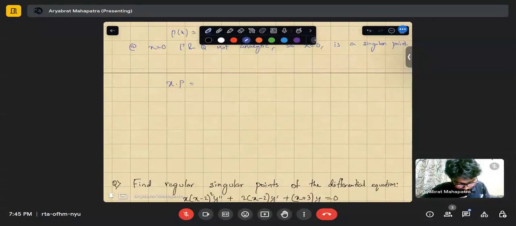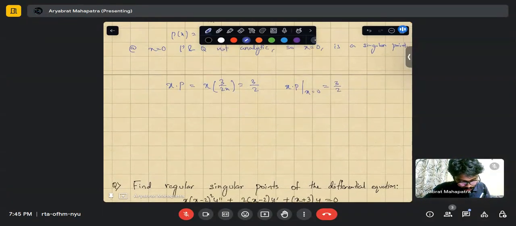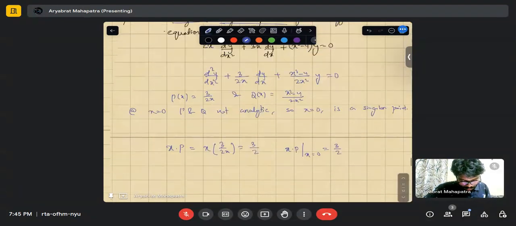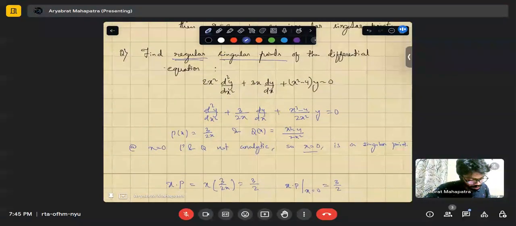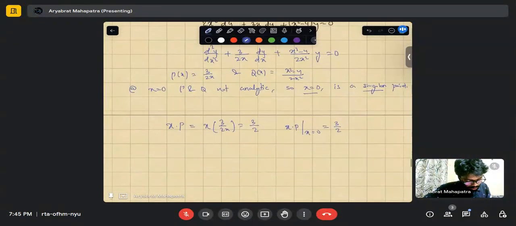So first you multiply x with p, that is x times 3 by 2x, that is 3 by 2, and then you see that x times p at x equals 0 is equal to 3 by 2. So this is not diverging. So right from here you can guess that this is your regular singular point, because x times p at x equals 0 is giving 3 by 2.